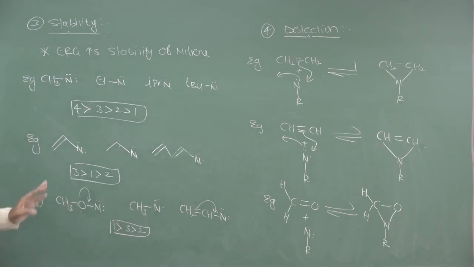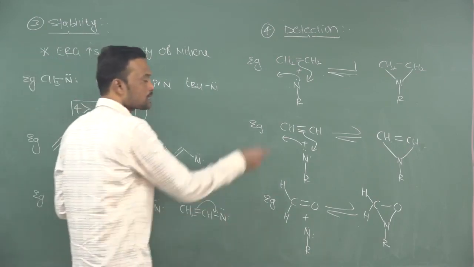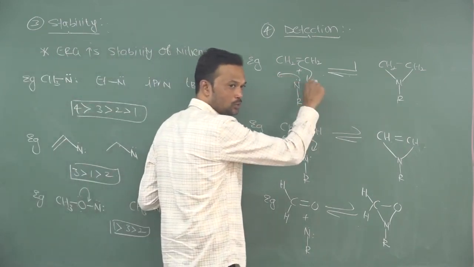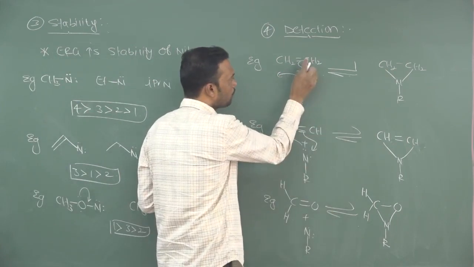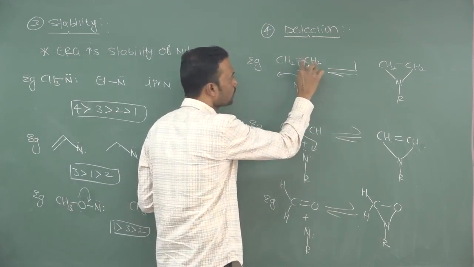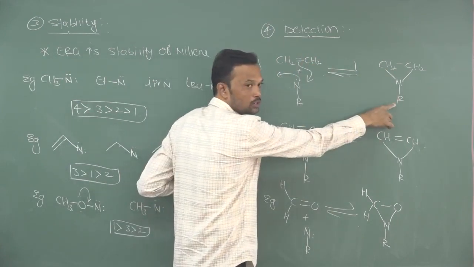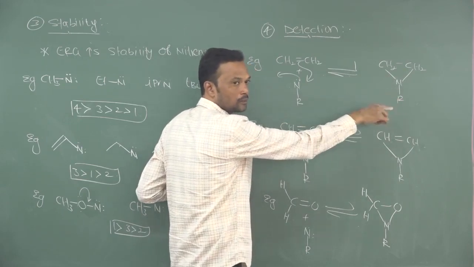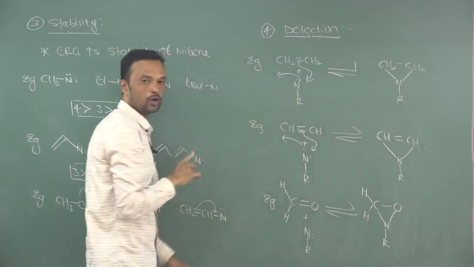So what is the final trapping method? You will get a cyclic ring in which nitrogen is introduced. Before, we were adding a molecule of unsaturation which does not carry nitrogen, and finally you are getting a nitrogen, which means it is a nitrene intermediate. Is it a similar trapping method to carbene or not?